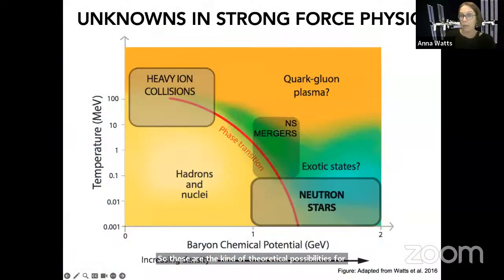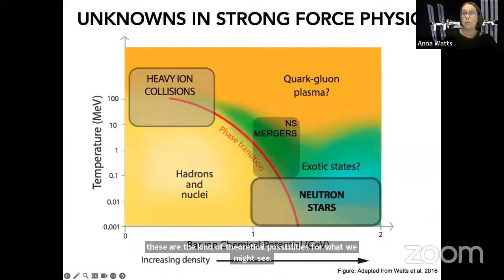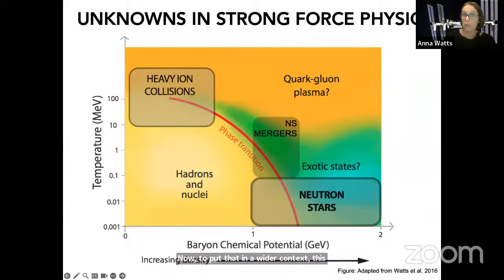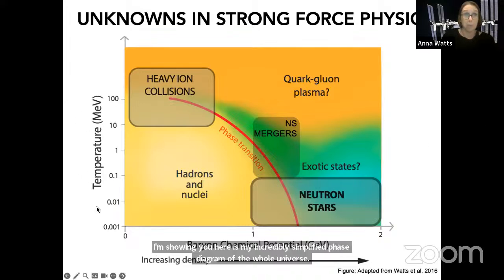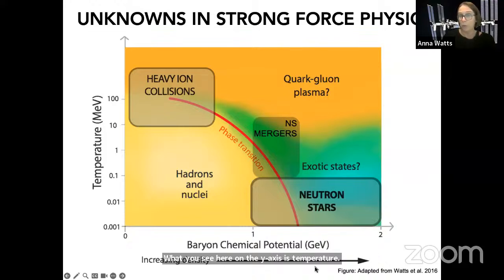Now, to put that in a wider context, this means that in principle, we can use neutron stars to try to understand strong force physics. And here we form part of a much, much wider community. What I'm showing you here is my incredibly simplified phase diagram of the whole universe. What you see here on the y-axis is temperature, and on the x-axis, chemical potential, although if you prefer, you can think of this as density.